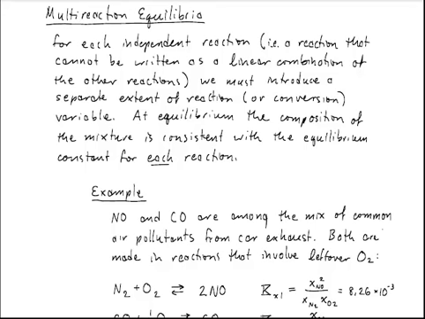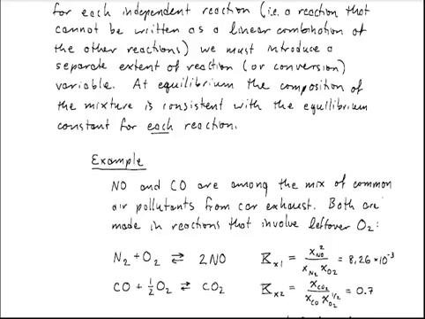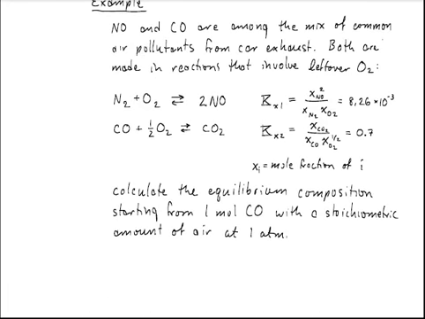We're going to start with a reaction that involves NO and CO gases, and these are among a mix of common pollutants from car exhaust. This is a problem straight out of Davis and Davis's chemical reaction engineering book. Both of them are made in reactions that involve leftover oxygen.